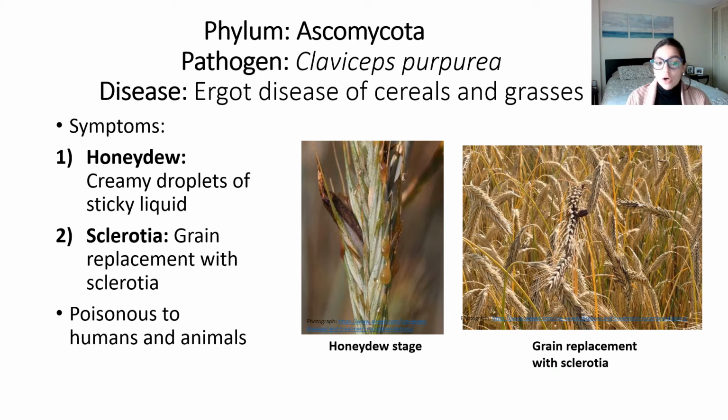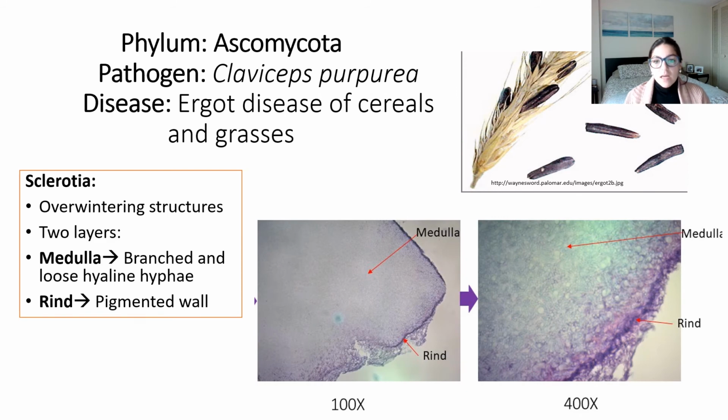It is important to know that this pathogen is poisonous to humans and animals. That's why it's very restricted, and whenever we're growing wheat or barley, they check for this pathogen. The sclerotia of this pathogen are the overwintering structures, and they have two different layers.